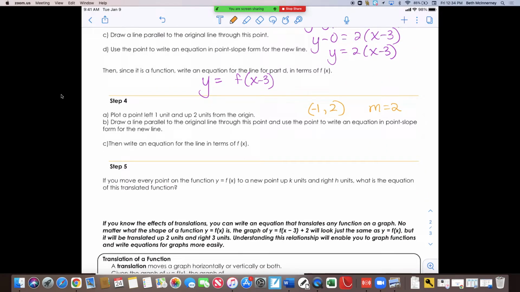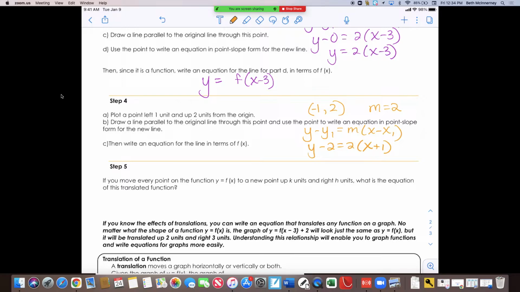Okay, so watch what I'm going to do. I'm going to use this point slope to write the equation of this line. You're right, it is a distinct line. So that's y minus 2 equals 2 times x minus a negative 1. What happens when you do minus a negative? It becomes a positive. So then it says write this now in terms of f of x.